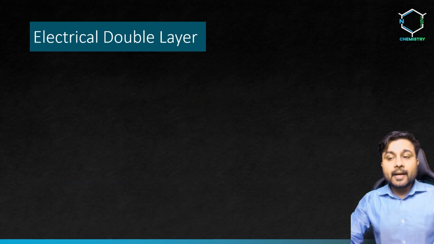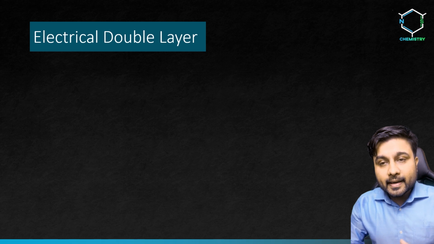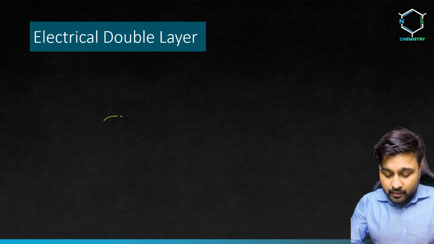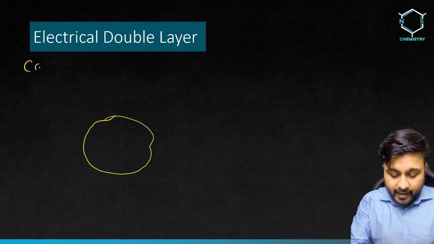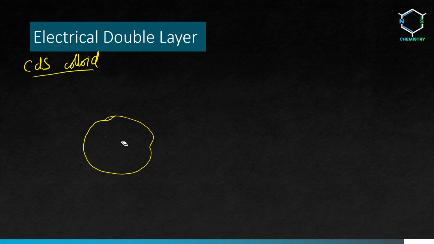Now let us study, if this charge is present, what exactly is happening with the ions there. So first of all, let us say we are talking about a cadmium sulfide colloid. So we have a cadmium sulfide particle like this.